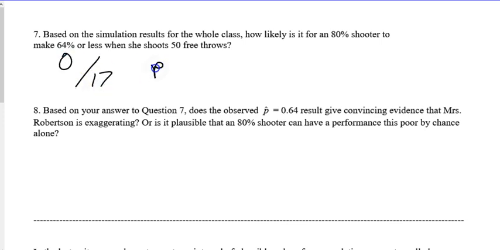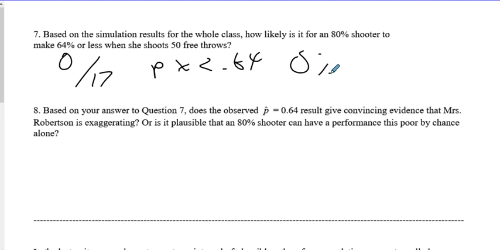So the probability of X being less than 0.64 is 0%. There's no chance. And if there was a chance, it'd be a slight one. We'd have to run the simulation over and over again, and it's probably still not going to happen.